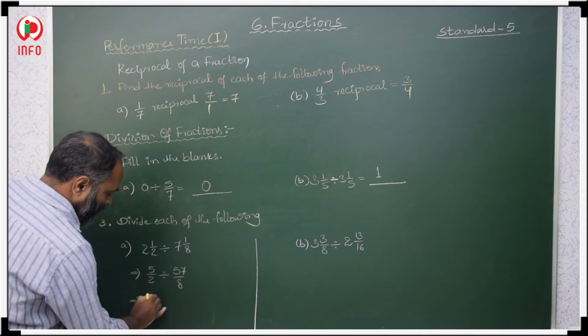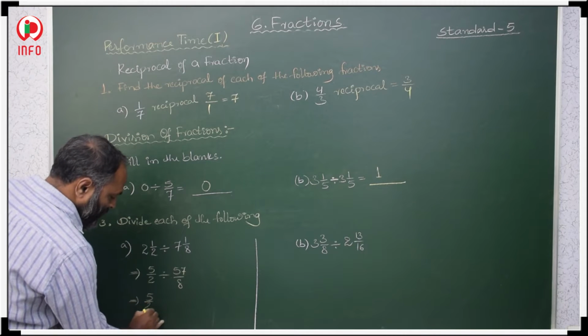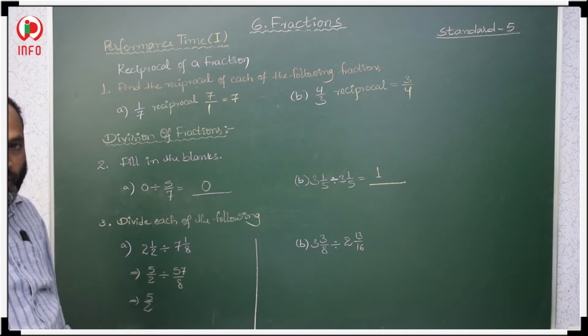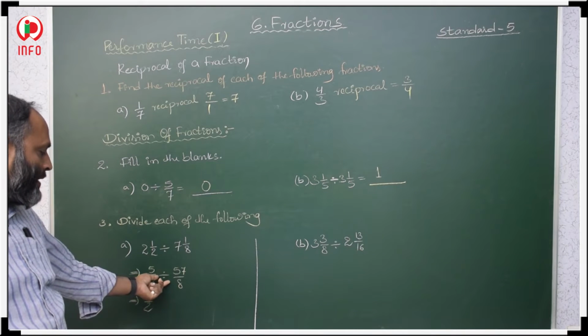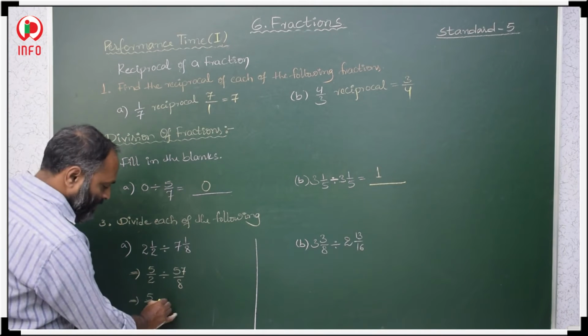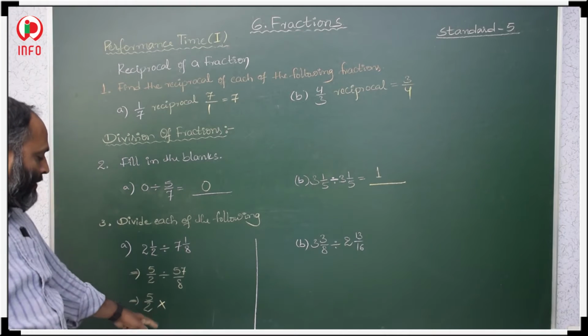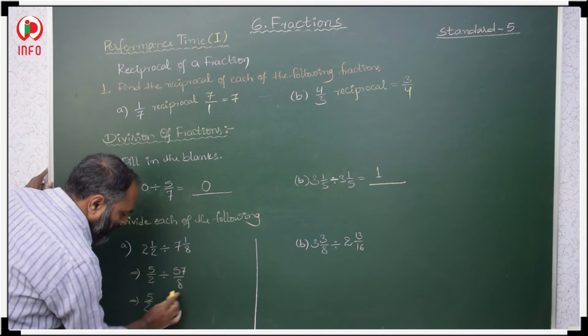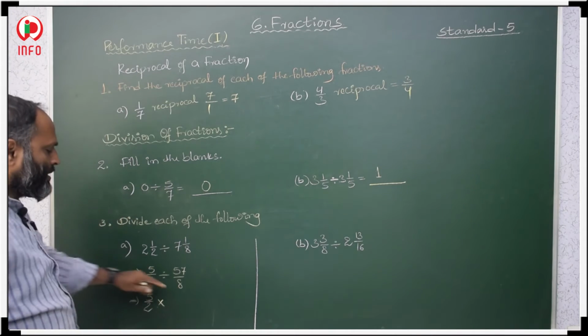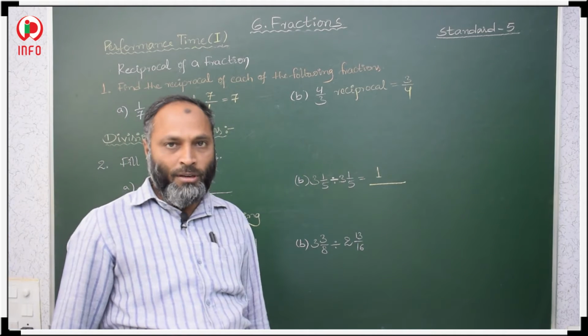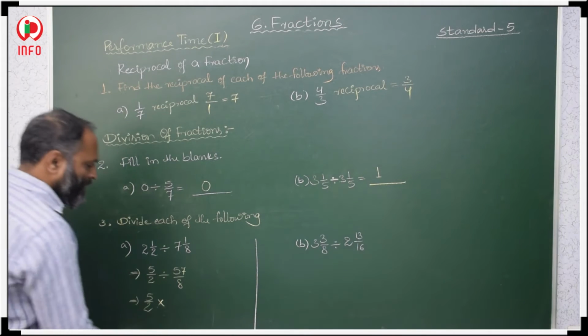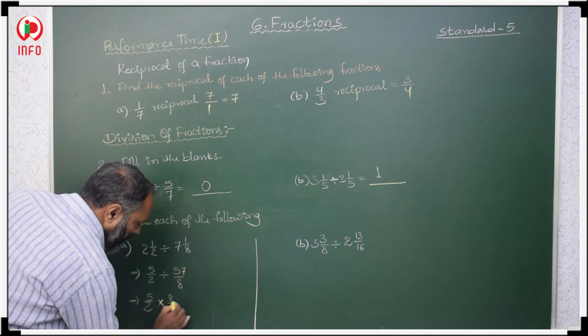First we have to take 5 by 2 as it is. The first fraction we have to write as it is. So instead of this division we have to take the multiplication sign. Whenever you take the multiplication sign, the second fraction you have to take its reciprocal. So 57 by 8 will come as 8 by 57.